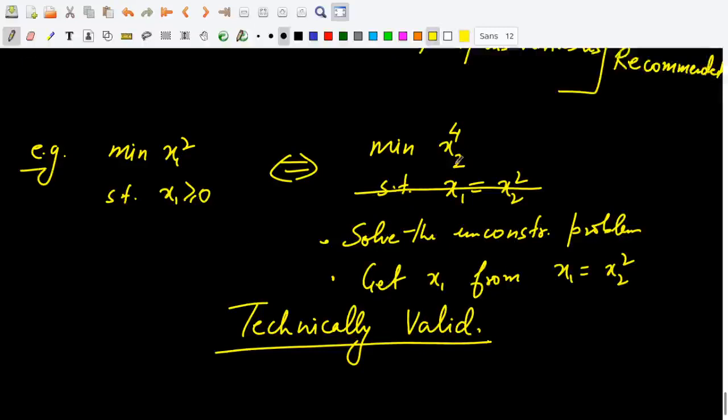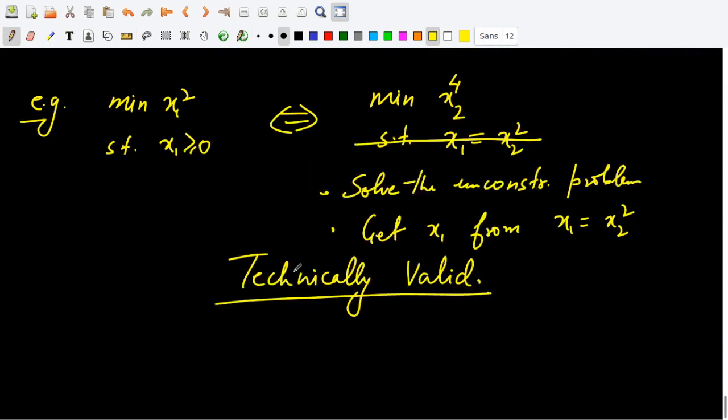So for example, the Hessian, or the second derivative, of this function at the origin is 0. That means I will not be able to identify whether my solution is actually a local minimum or a local maximum.